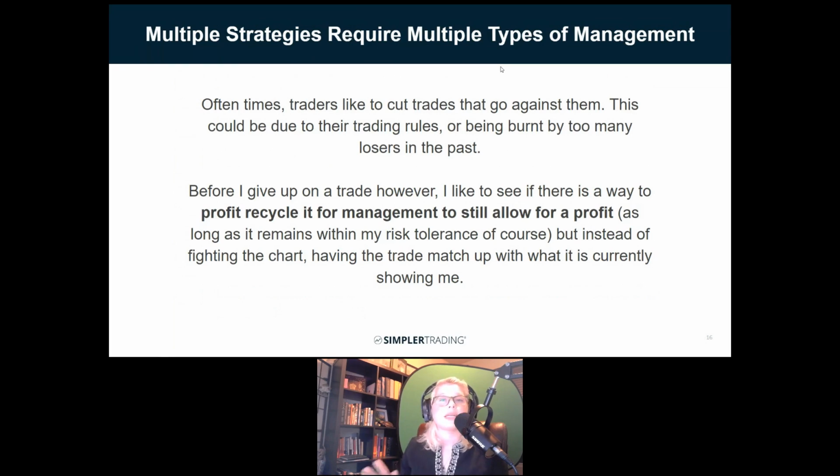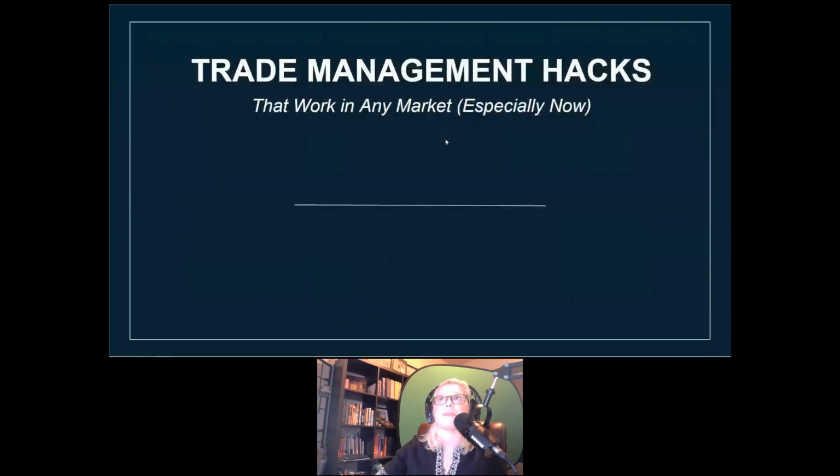And that's, of course, as long as it remains within my risk tolerance, right? I'm not about to put a lot more capital into a losing trade if it's not within my overall risk tolerance for the account. And of course, instead of having it be something that is currently fighting the chart, having the trade match up with what the technicals are currently showing me.